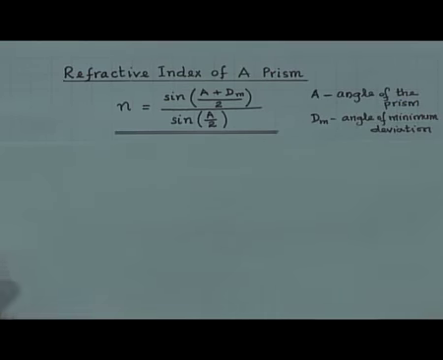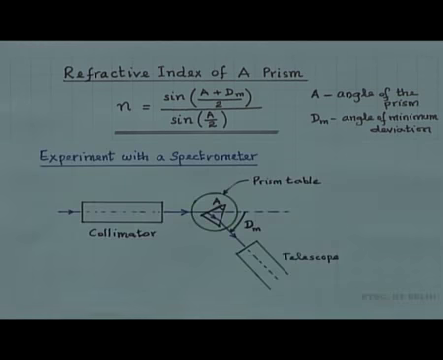This is an important formula and it is used in practice to determine the refractive index of the material of a prism. An important experiment used to determine this is the experiment with a spectrometer.